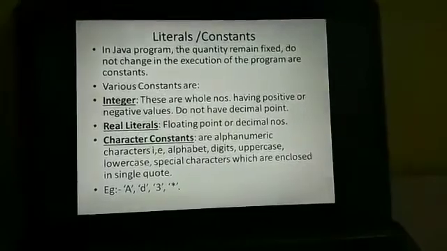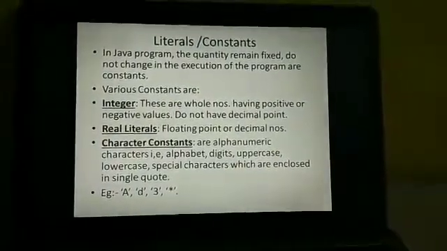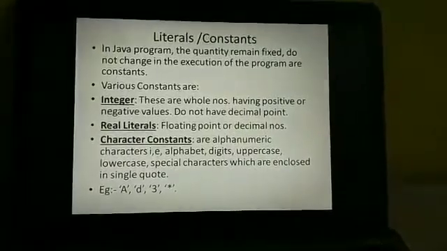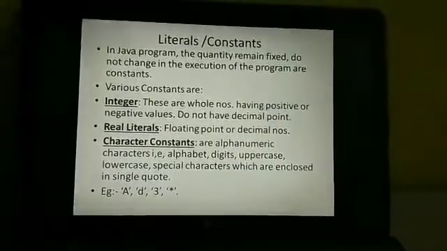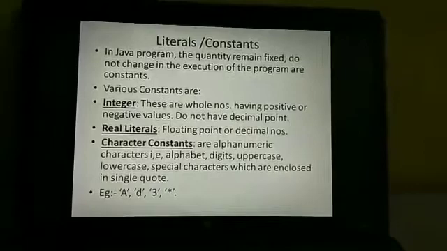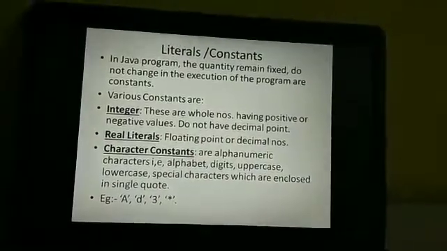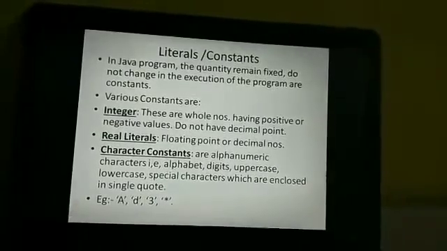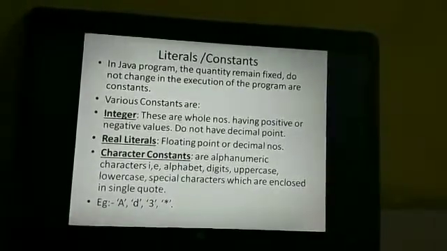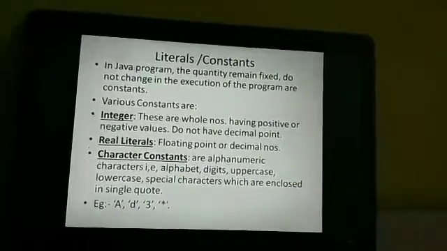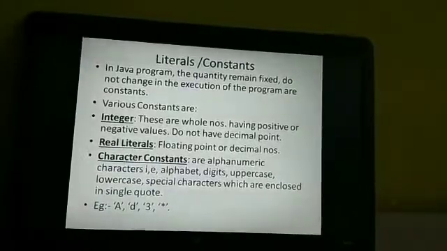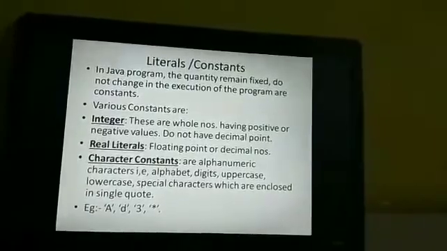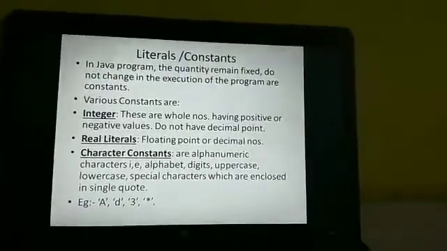First one, integers are whole numbers having positive or negative values. They don't have decimal parts. Real literals are floating point numbers or decimal numbers. Character constants are alphanumeric characters, that is alphabets, digits, uppercase letters, lowercase letters, and special characters, enclosed in single quotes.